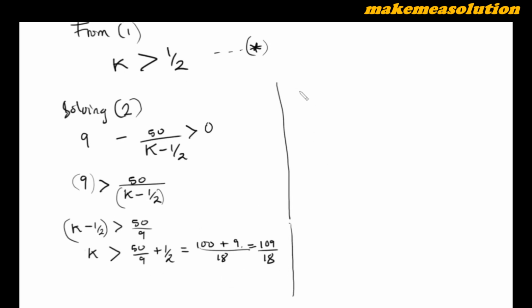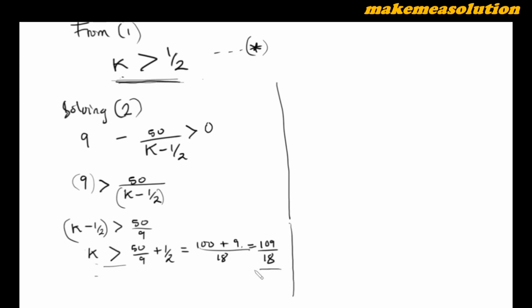So in mathematics, when you solve two inequalities for one particular variable, and you discover that you have the inequalities pointing in the same direction, you're going to look for the one that is more towards the right or more towards the left. So I call it more positive or more negative. Now in the first case, I got k is greater than 1/2. In the second case, I have k is greater than 109 divided by 18.